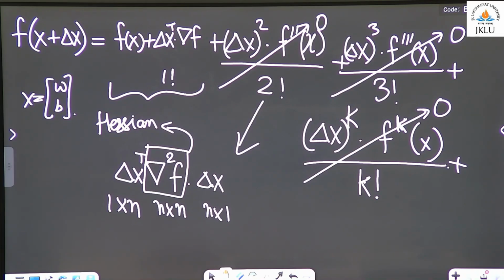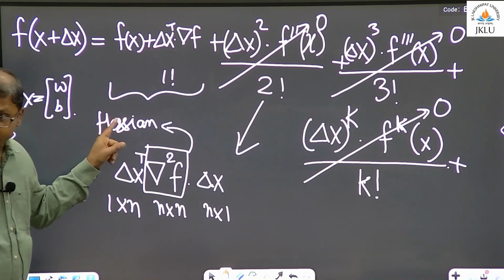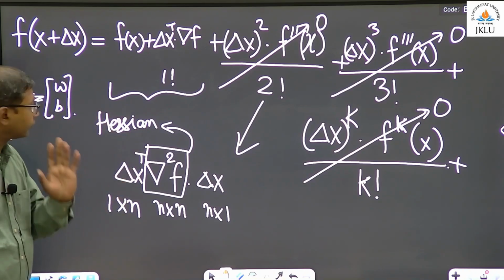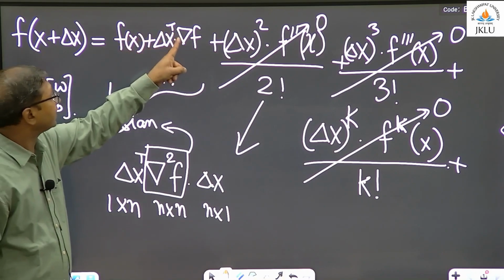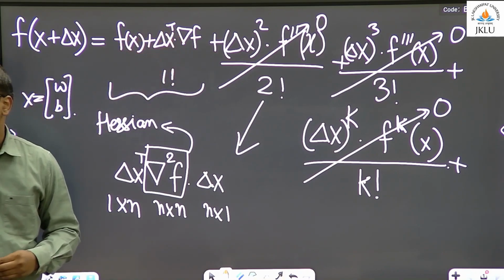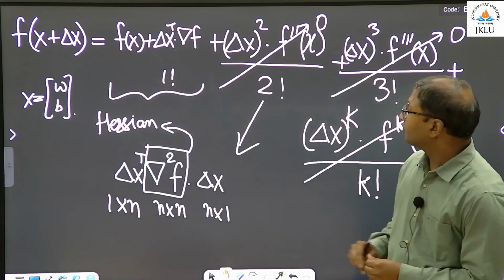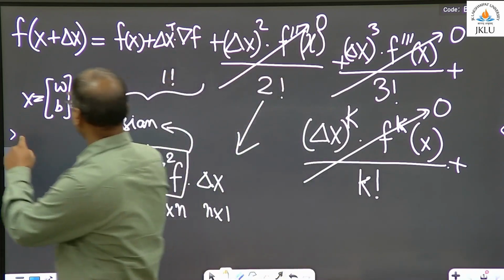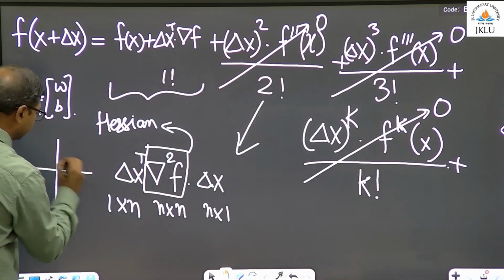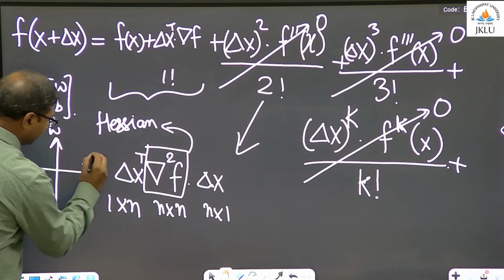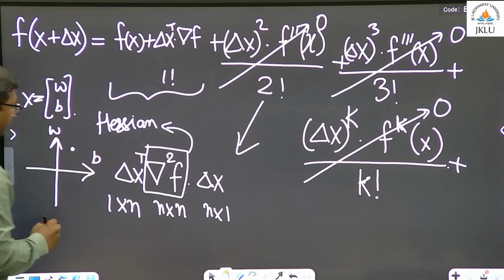So we will come back, we will revisit Hessian at some point in time, be it for very small time. What is derivative helping me with? If let us say now x is this one, this is W, this is B, I am somewhere here.